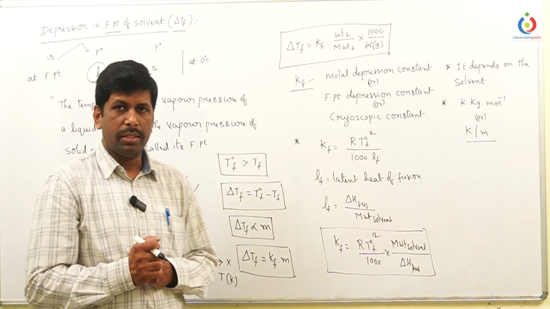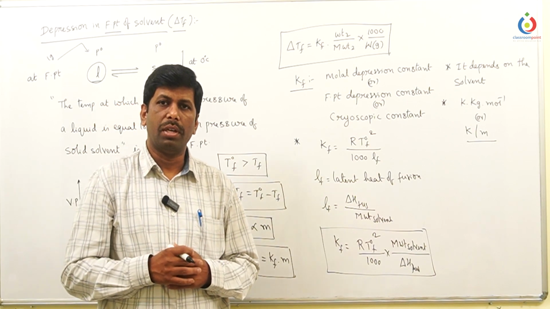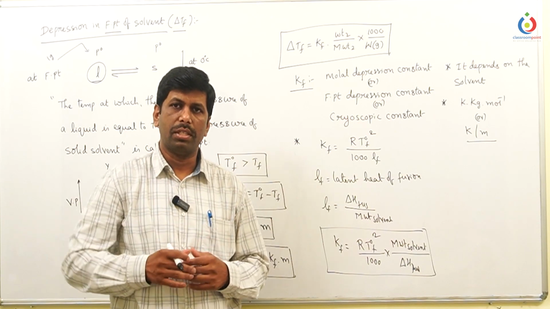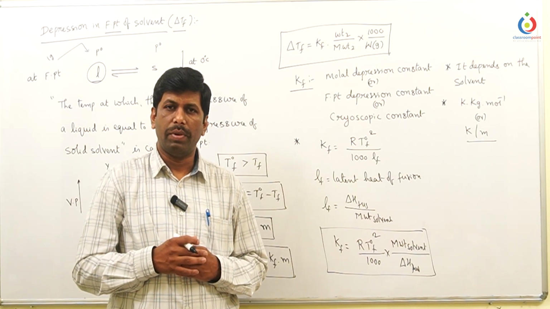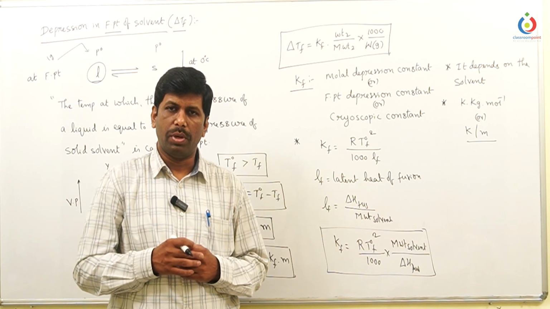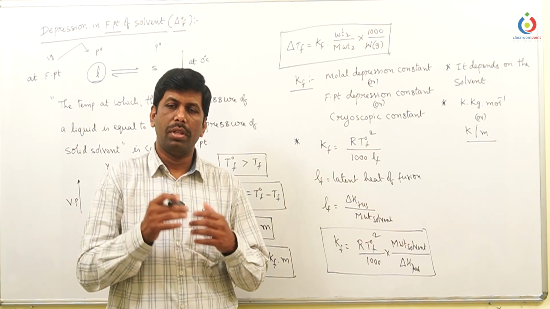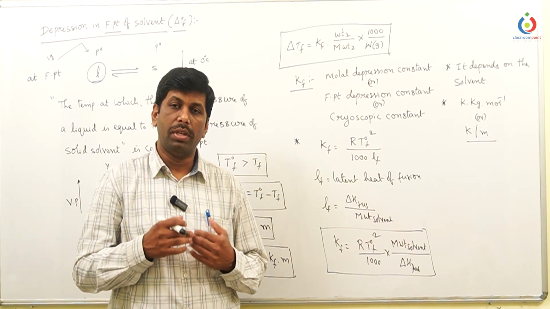Now the question is, what are the necessary conditions for the elevation of boiling point of a solution and depression of freezing point of the solvent, in both cases the solvent? In case of elevation of boiling point of the solvent, the solute must be non-volatile. If the solute is non-volatile, only then can we observe the elevation of boiling point of the solvent. What happens if the solute is volatile?